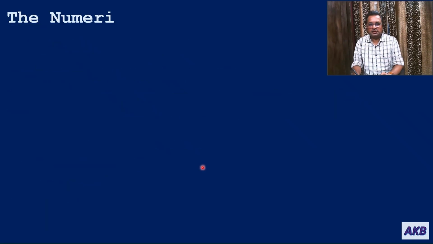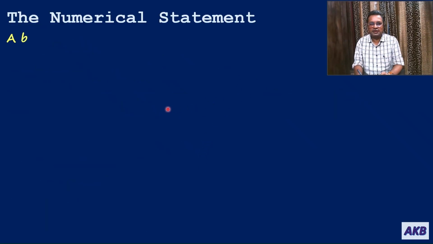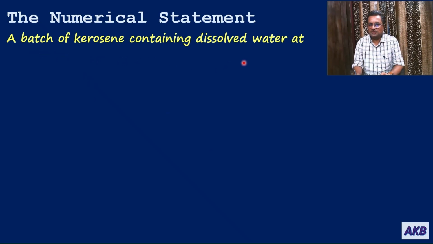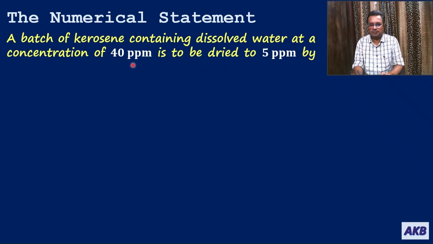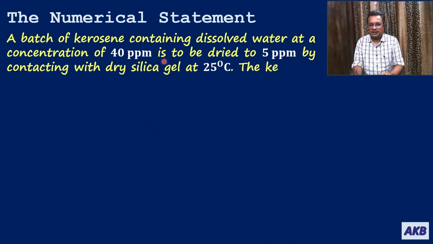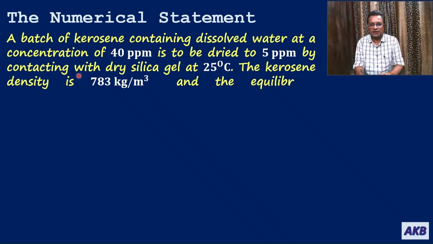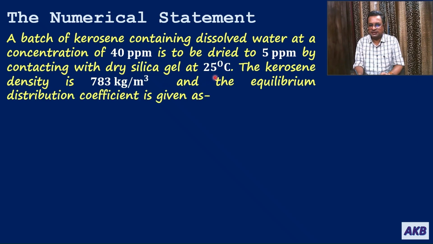To start with, we will look at the numerical statement. You have a batch of kerosene containing dissolved water at a concentration of 40 ppm, that is parts per million, which is to be dried to 5 ppm by contacting with dry silica gel at 25 degrees Celsius.